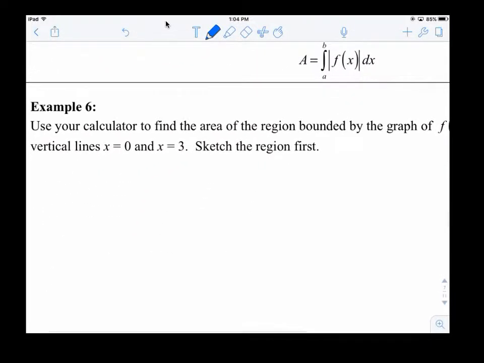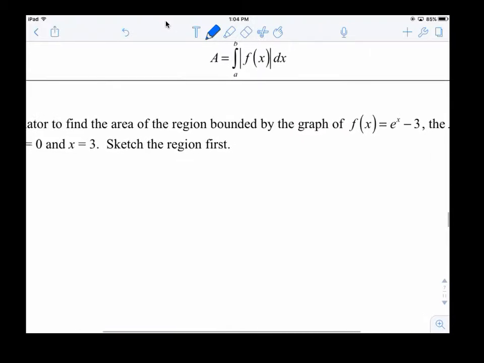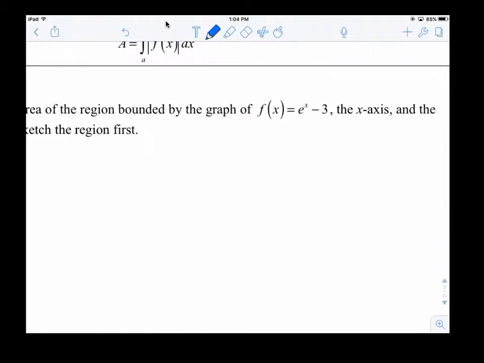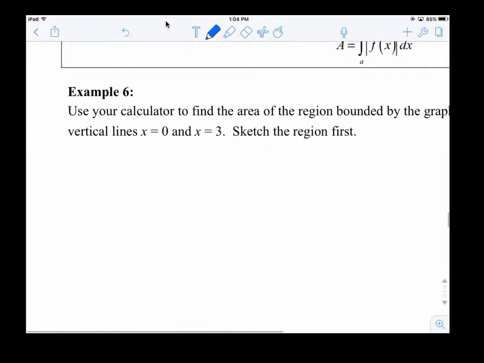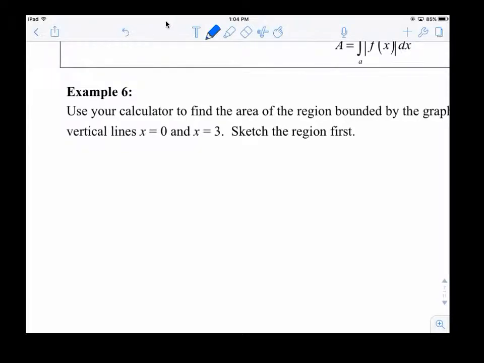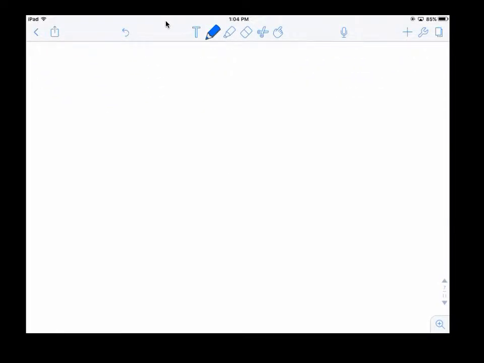All right, so it says use your calculator to find the area of the region bounded by e to the x minus 3, the x-axis, and the vertical lines 0 and 3. Okay, so I have e to the x, right?